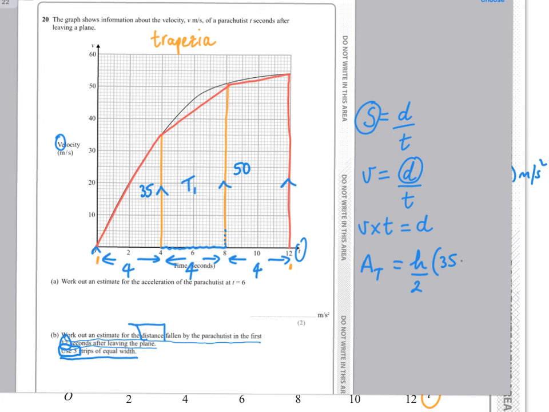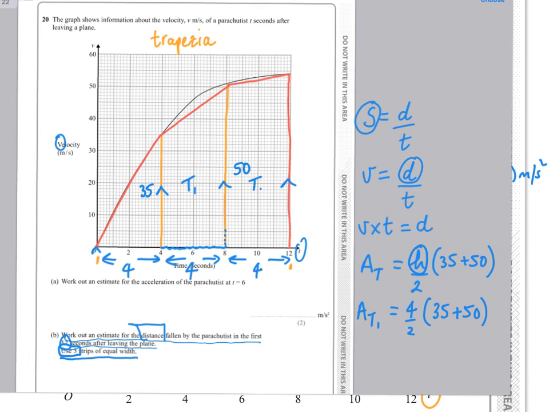So that's 35 plus 50. Now, what we can say is we also know what this height is, and it's 4. So we can say it's 4 over 2 lots of 35 plus 50. Now, we'll call that area of T1.